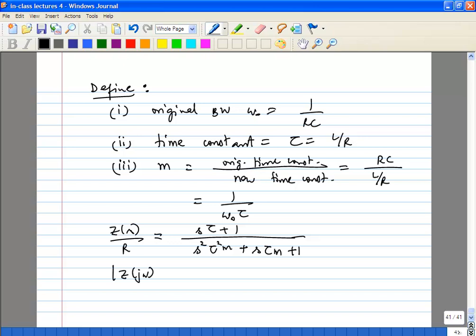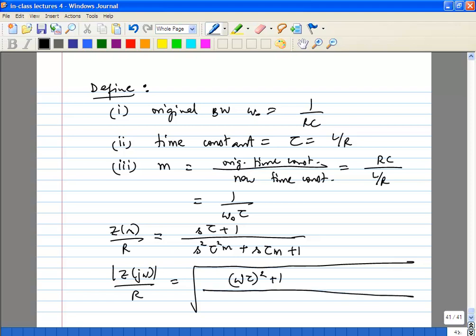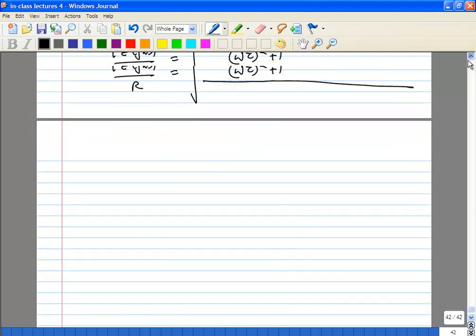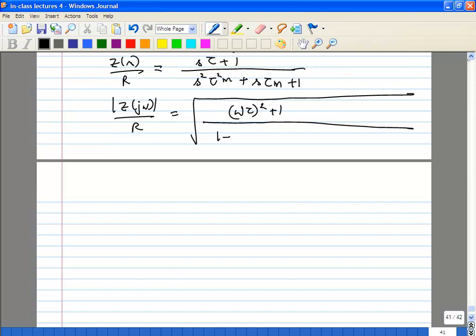So now we are interested in the magnitude, over s squared tau squared m plus s tau m plus 1. In the term you have S squared LC, right? Yes. LC is 1 by omega naught squared. 1 by omega naught squared?